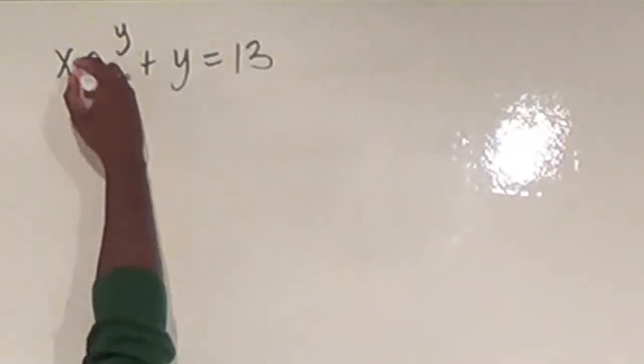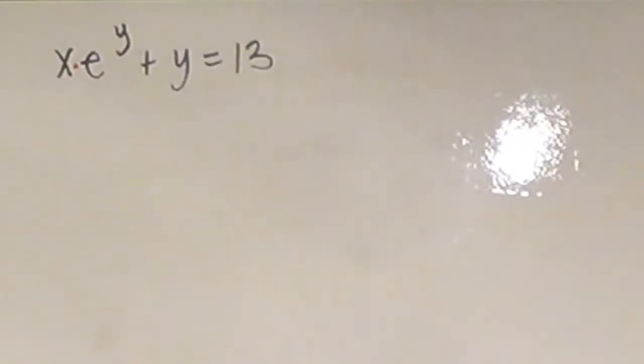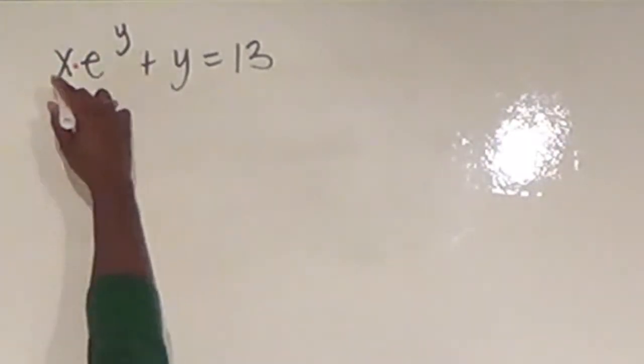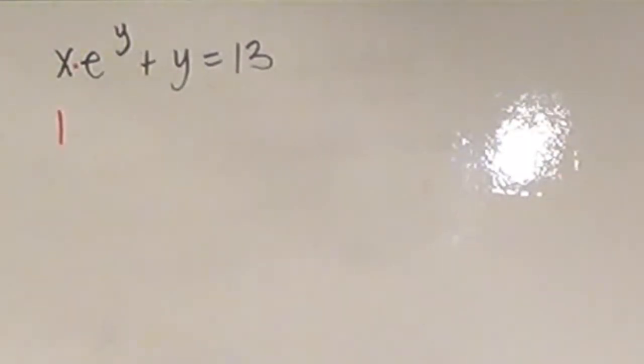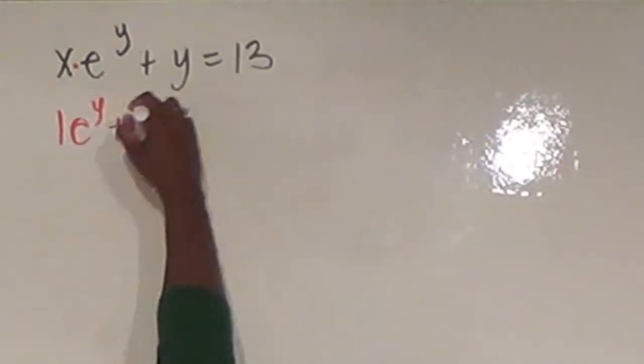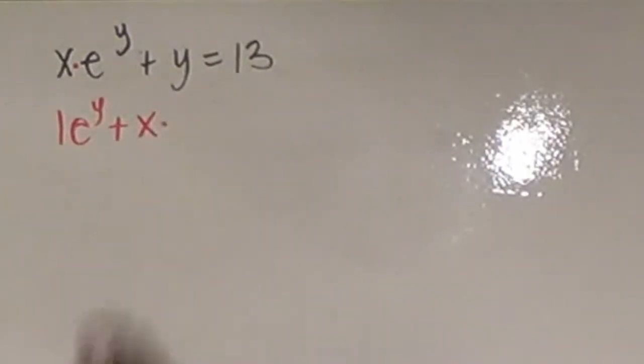Okay. So again, the first thing to notice is the x times the e to the y gives me a product rule. Okay. So taking my derivative here, derivative of the first term is just 1 times the second term plus the first term times the derivative of the second. Again, the e to the y, we have to use a chain rule.